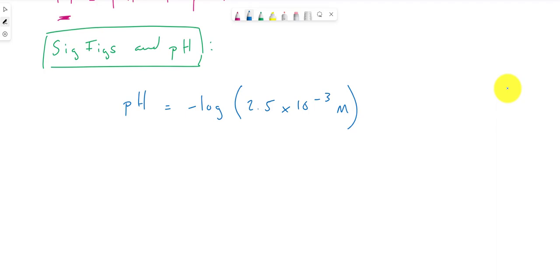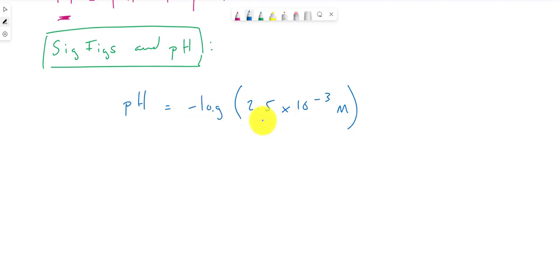So a quick but important side note is thinking about sig figs when we're thinking about log transformations in pH, because we're going to be doing a lot of this in the class, and we haven't explicitly talked about sig figs and logs and exponents. So an example might be that you're trying to compute the pH of a solution where the hydronium ion concentration is 2.5 times 10 to the minus 3.